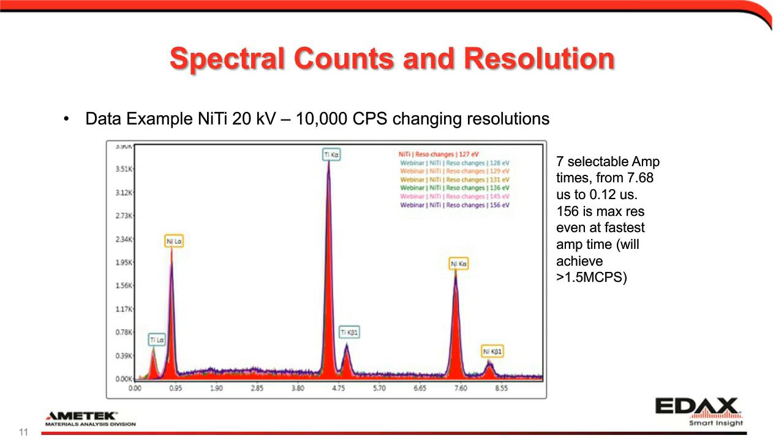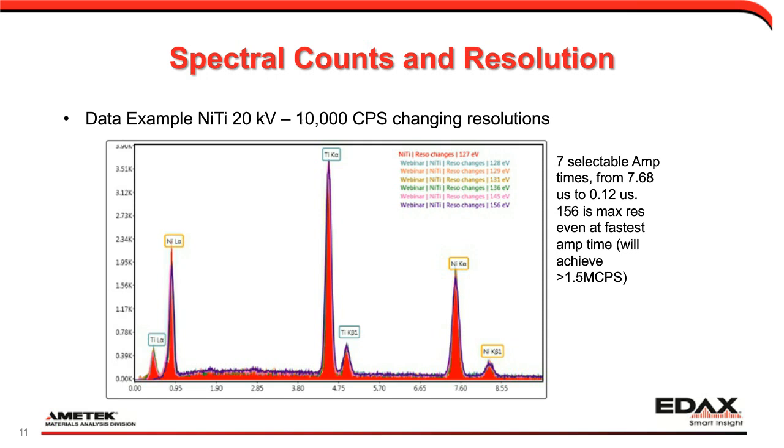And we could see here that going through the 7 selectable amp times from the slowest of 7.68 up to the fastest of 0.12 microseconds or 120 nanoseconds, there is a range of resolutions, and we go up to the fastest process time, which gives us the ability to work at above 1.5 million input counts per second.